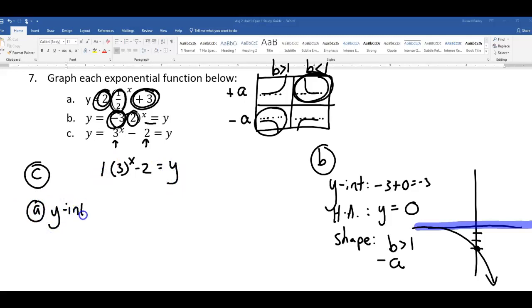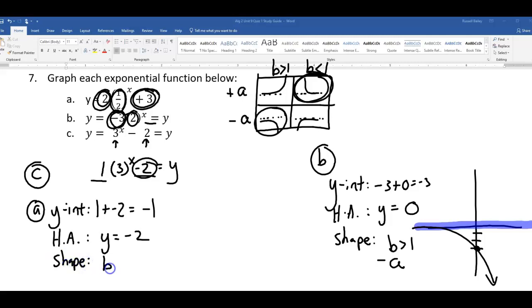My y-intercept, once again, is the a added with the c. My horizontal asymptote is y equals whatever the c value is, which in this case is -2. The shape is based on the b value and the a.